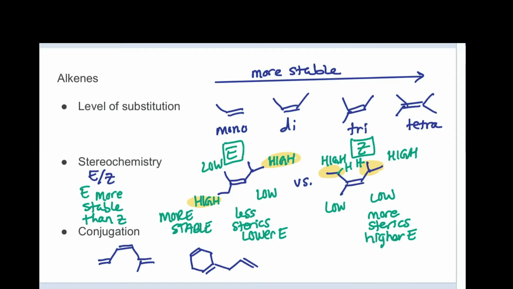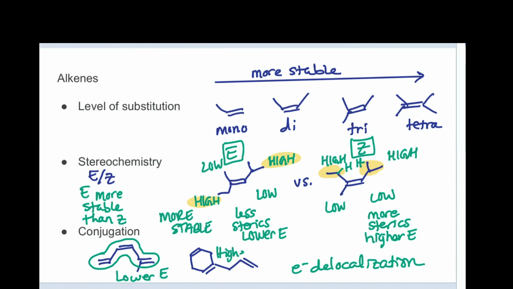There's no electron delocalization here. The more conjugation that you have, the more continuous alternating double bond, single bond, the lower the energy of that system due to electron delocalization across the pi bond system. Okay, whereas isolated carbon-carbon double bonds would be a higher energy situation.